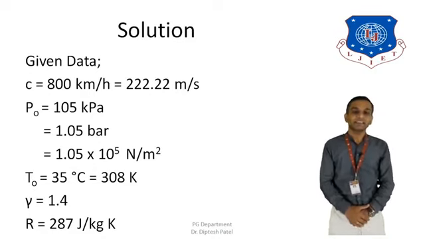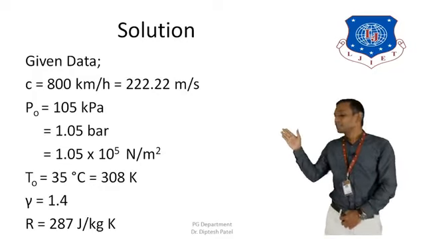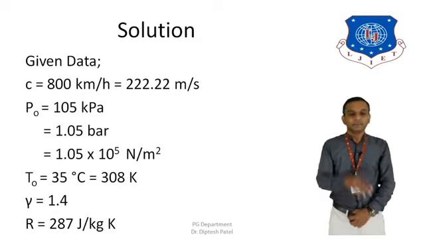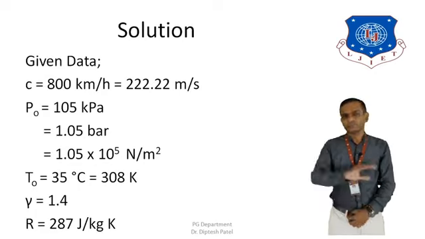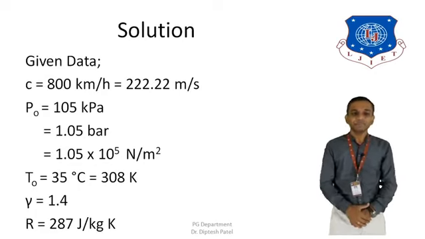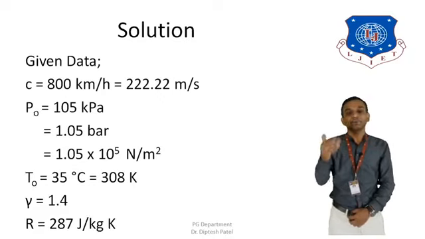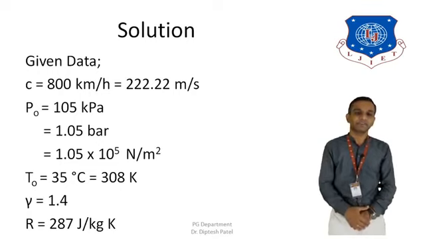The second one is the stagnation pressure, which is given as 105 kilopascal. If I convert it into bar, that would be 1.05 bar, and further if I convert it into Newton per meter square, that would be 1.05 into 10 raised to 5 Newton per meter square. That was the conversion for the stagnation pressure, because we are going to need it in Newton per meter square.